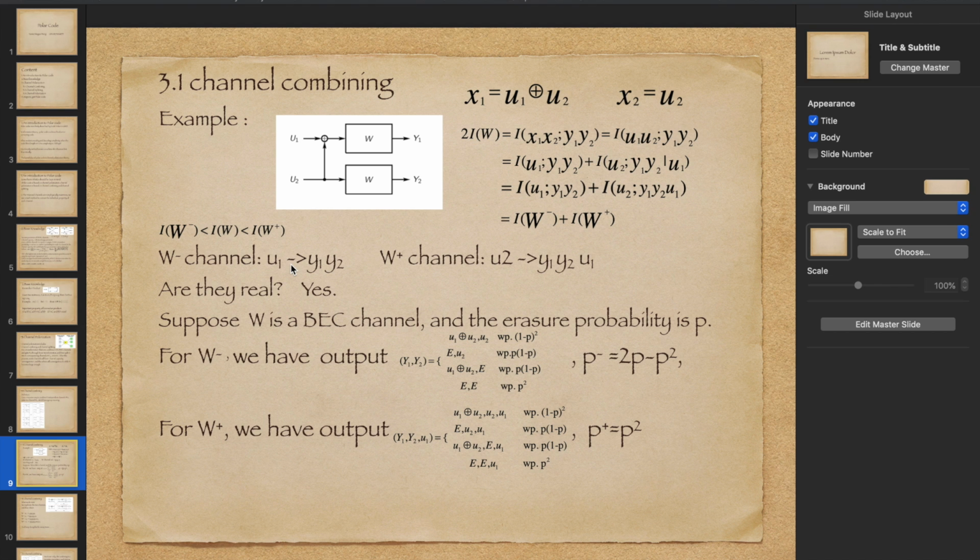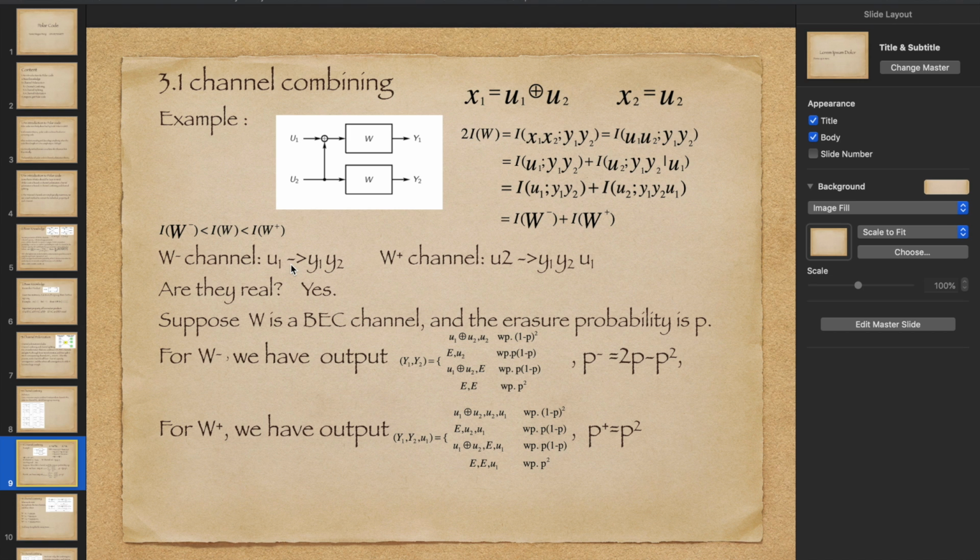And similarly, for the channel W plus, we have output Y1, Y2, U1. And it may have these four conditions with their probability. So we observe it. The first one, the second one, and the third one are useful. And the last one is useless. So the erasure probability of W plus is P squared.